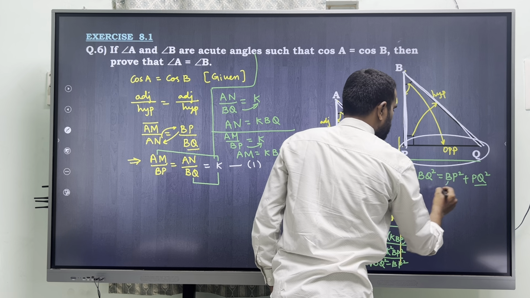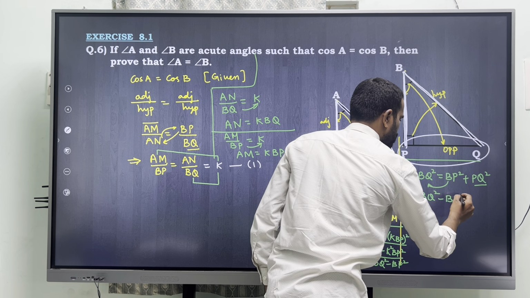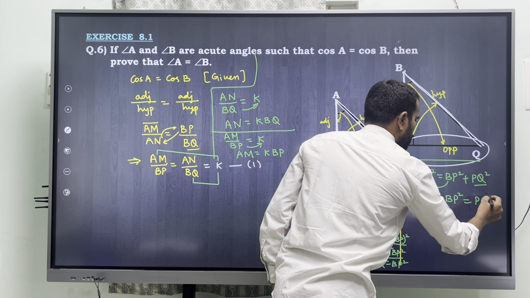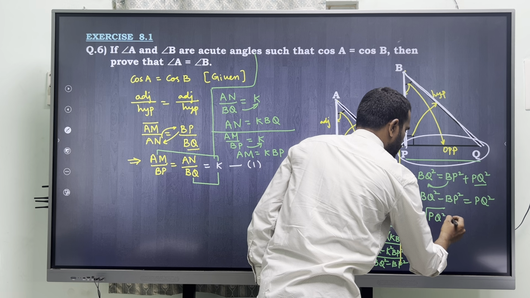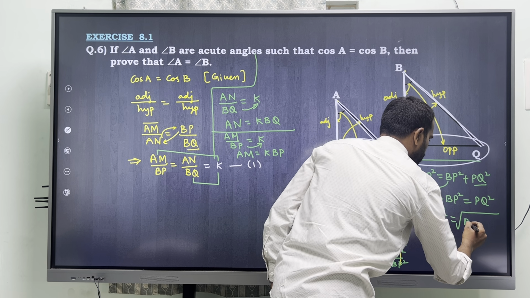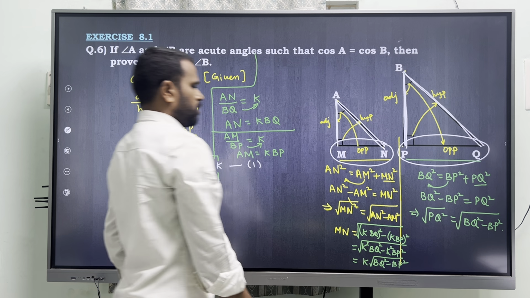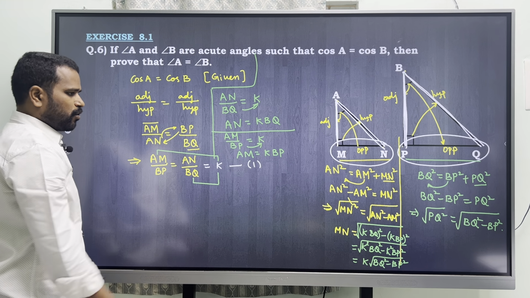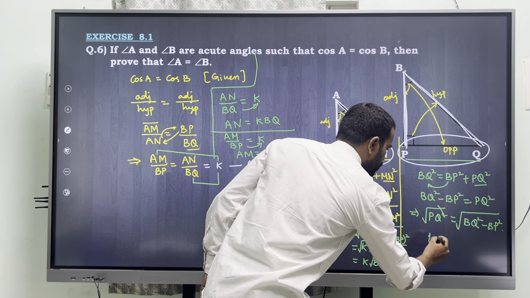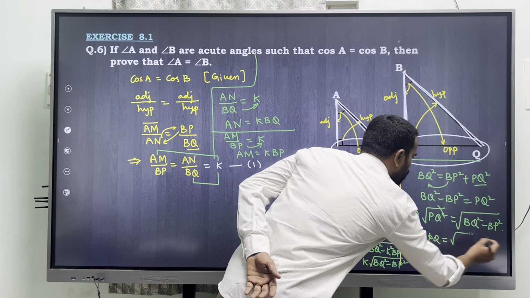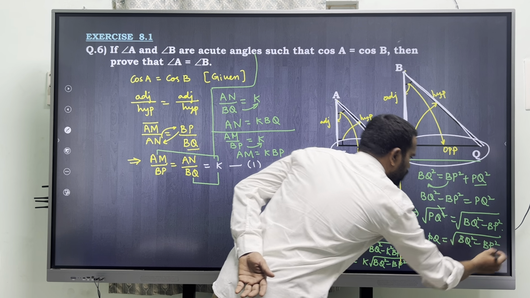PQ, right? So send this to this side. BQ square minus BP square is equal to PQ square. That implies PQ is equal to root of BQ square minus BP square.